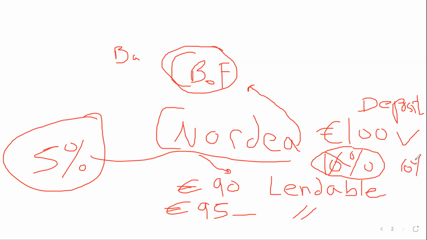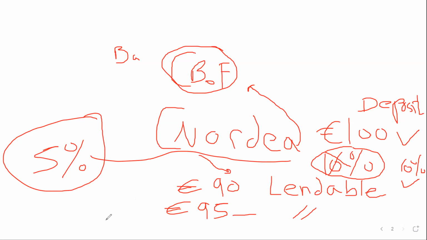With 5%, the bank, meaning the commercial bank like the Nordea example I gave you, keeps 5 euros for every 100 euros and can lend out 95 euros. But at a 10% requirement, the bank has to maintain a minimum of 10 euros for every new 100 euros coming to the bank.